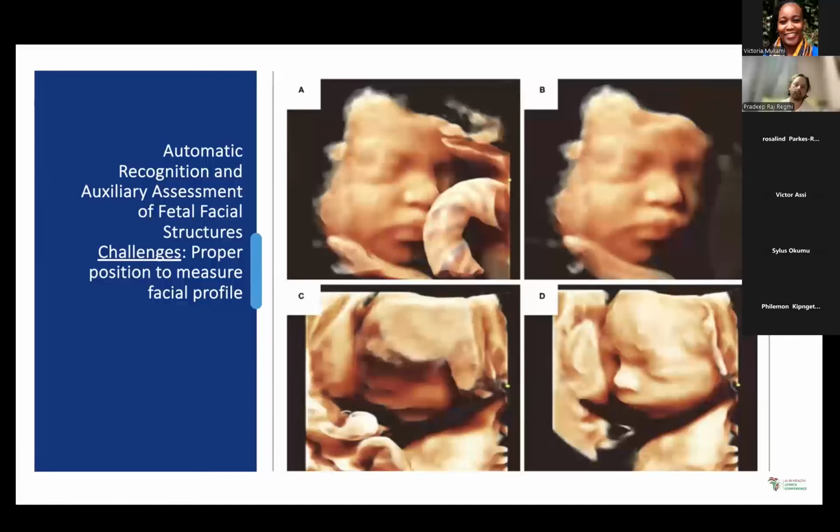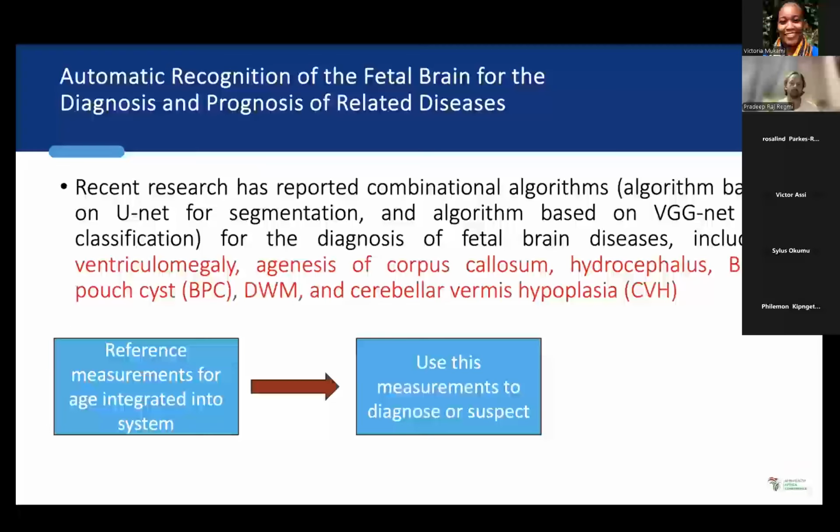If we can automatically recognize and assess this facial structure, it can be of help, especially to detect cleft lip or cleft palate in a clinical setup. Obviously the challenge is proper position. So if it can be generated with segmentation, it will be awesome for us.